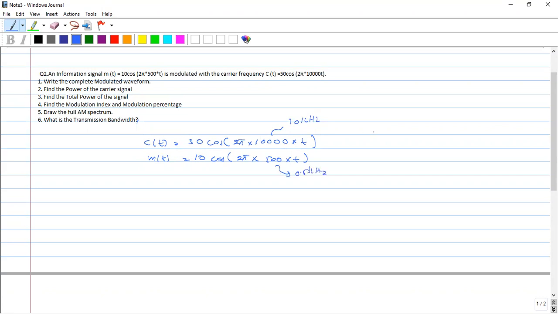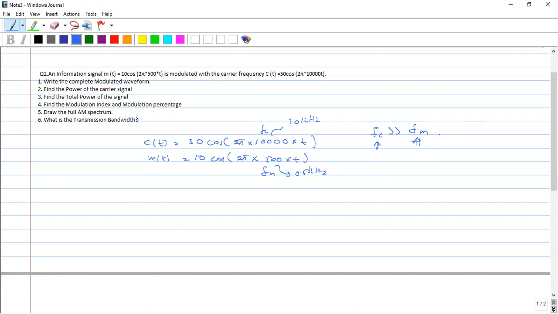So you can see the frequencies: this is FC and this is FM. FC is very much greater than FM. So the carrier frequency is very much greater than the information signal, the message signal frequency.